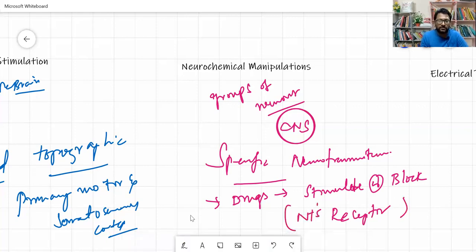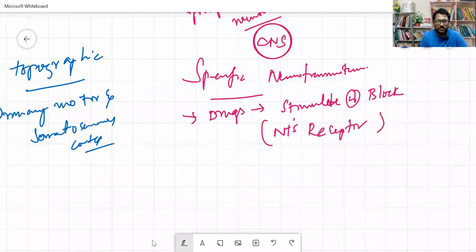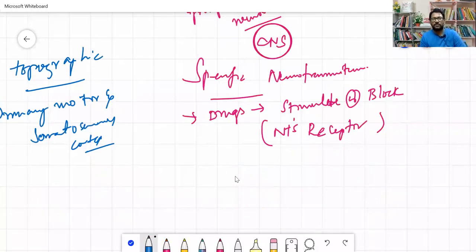So either stimulating or blocking certain receptors by using drugs is done in neurochemical manipulations.